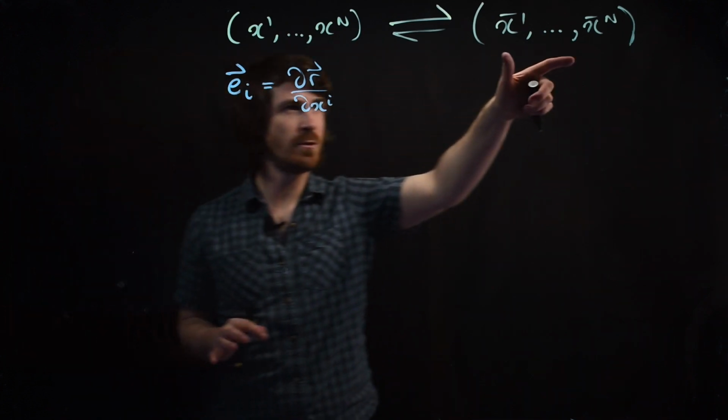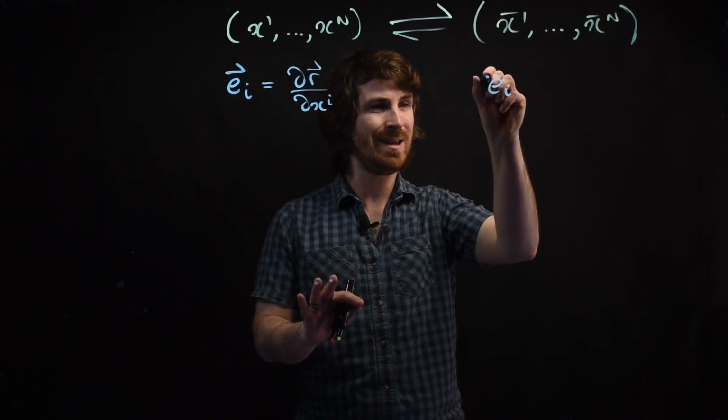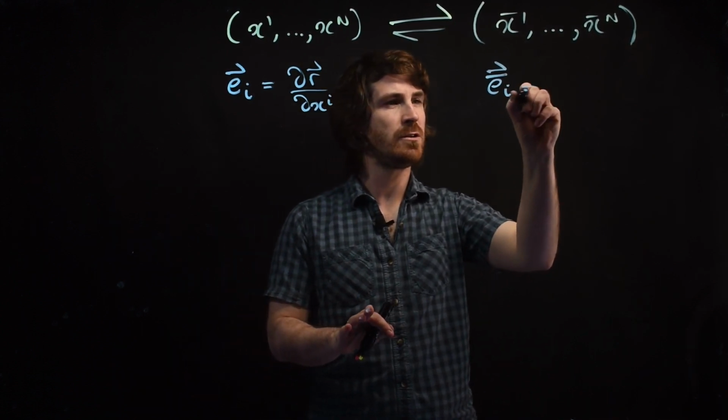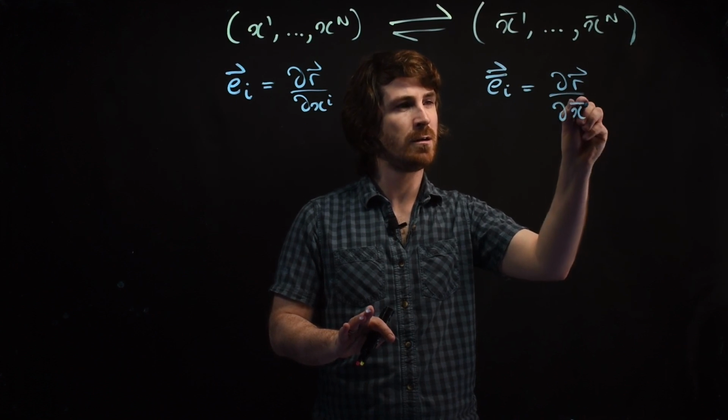If we choose a different coordinate system, then we have a different set of basis vectors, e i bar. They're vectors, so they have an arrow, and these are dr by dx bar i.